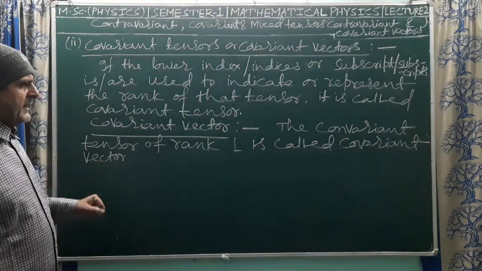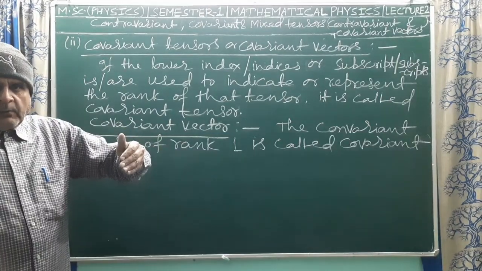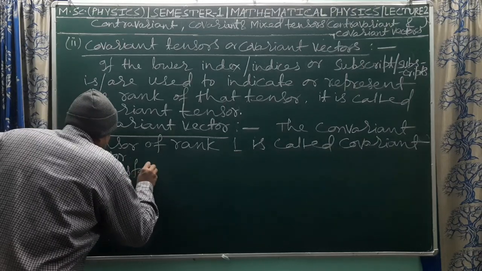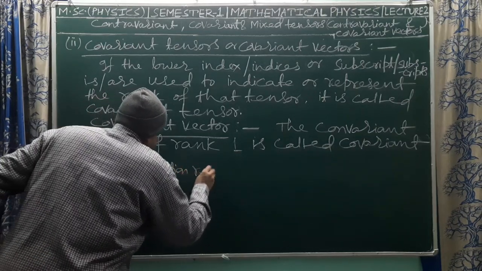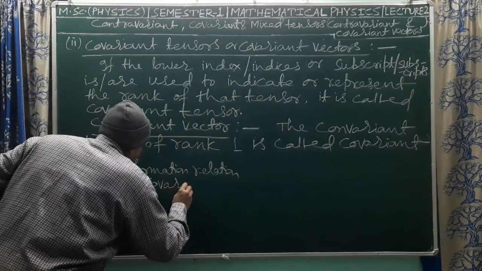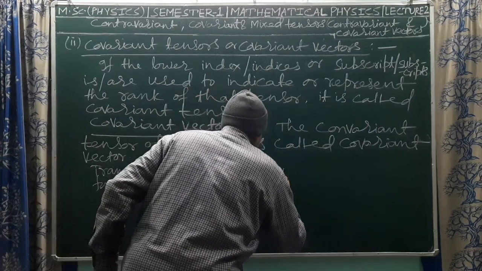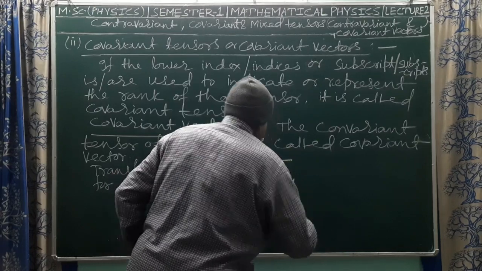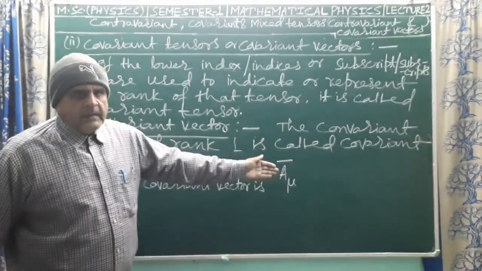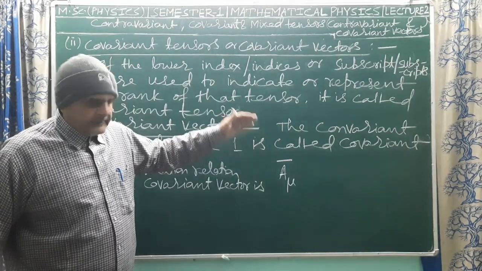So the transformation relation for a covariant vector, that is a covariant tensor of rank 1, is: a bar mu, where mu is the lower index, a subscript.